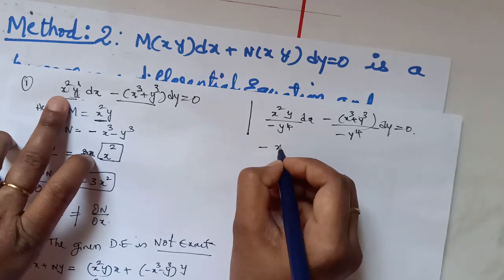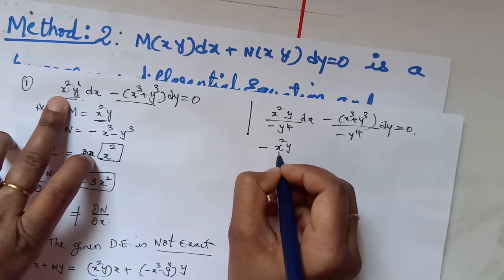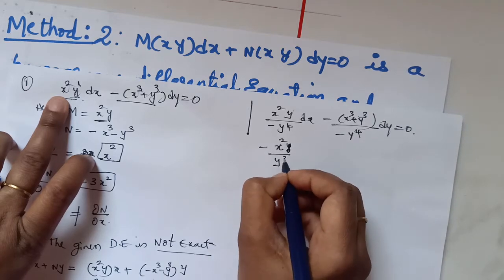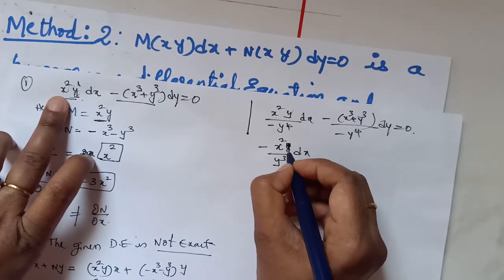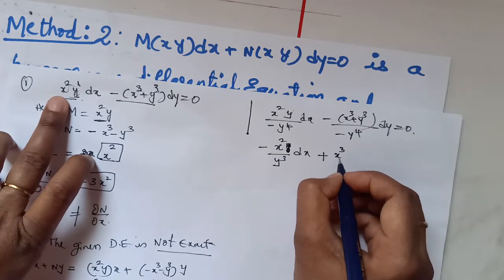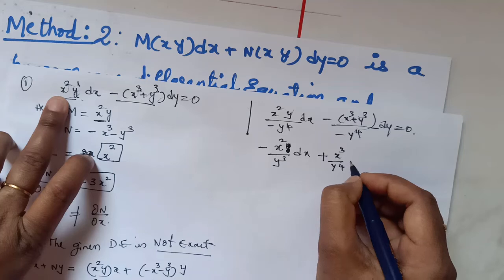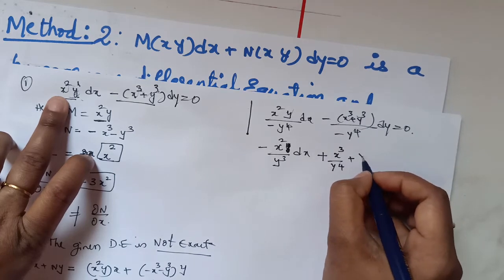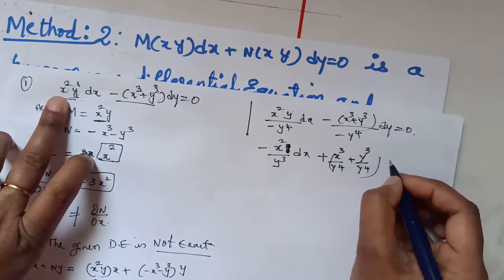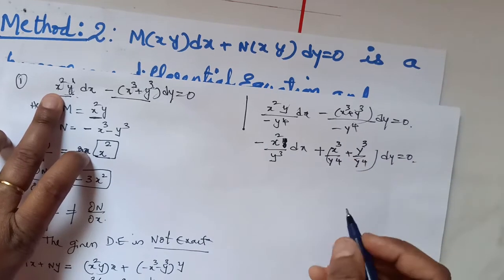So minus x square, sorry, y gets cancelled, we get y cube dx minus of minus plus x cube by y power 4 plus y cube by y power 4 into dy is equal to 0.